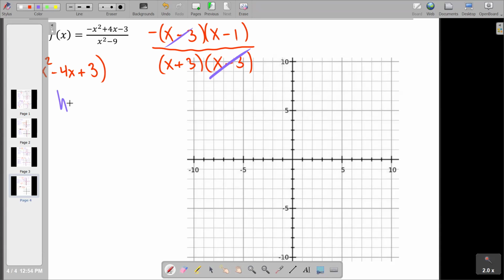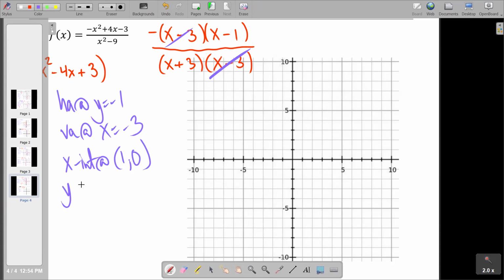So we're gonna cross off these x minus 3s, and now we're gonna go through and do our thing. Horizontal asymptote, where is it? Good. Vertical asymptote. Good job. X-intercept. Good. You guys are cooking now. Y-intercept. Definitely 0 something, and that is if you put in 0, I think it's negative 1/3.